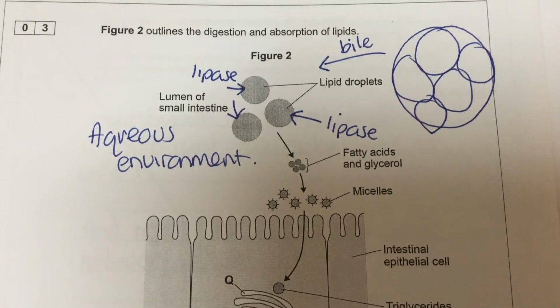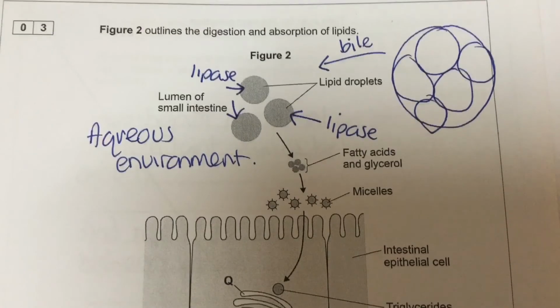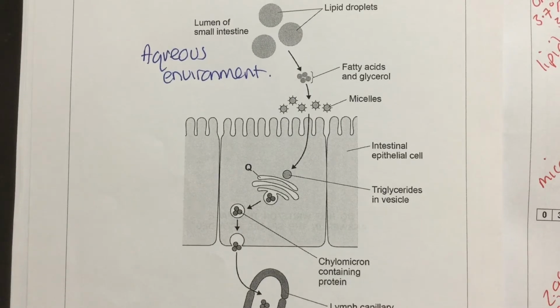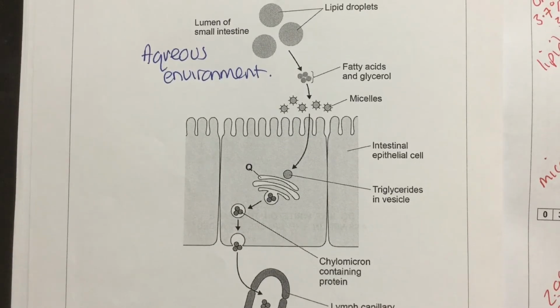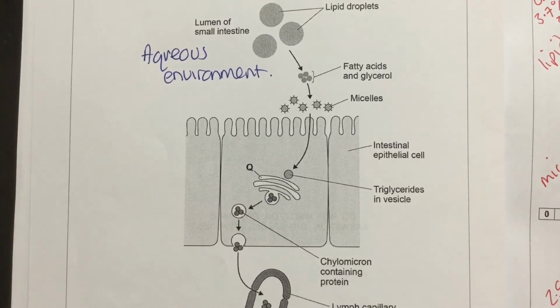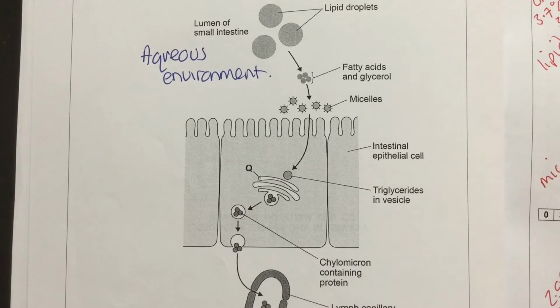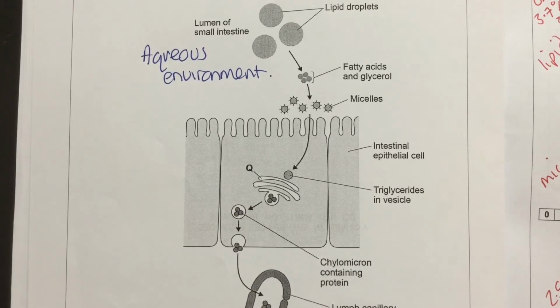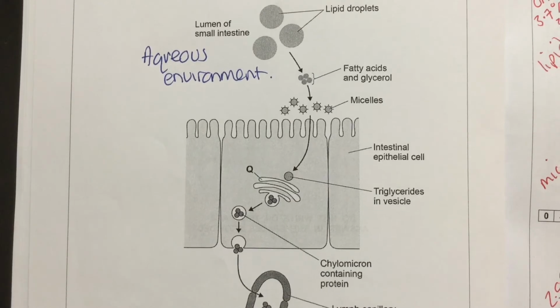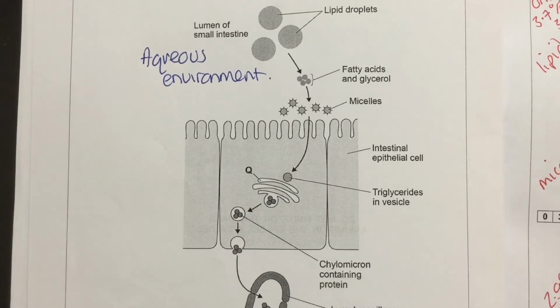We know that the action of the bile increases the surface area of the lipid droplets for the hydrolysis of triglycerides. As we follow the diagram, we can see that the triglyceride is hydrolyzed into fatty acids and glycerol. Now they are still not wanting to mix with the watery environment.